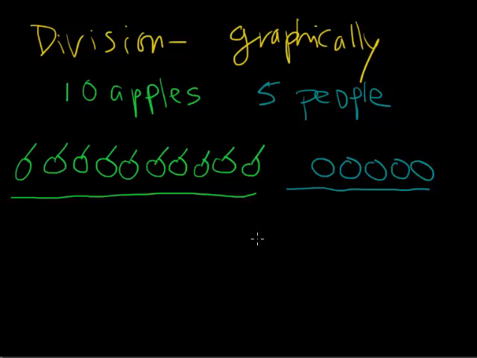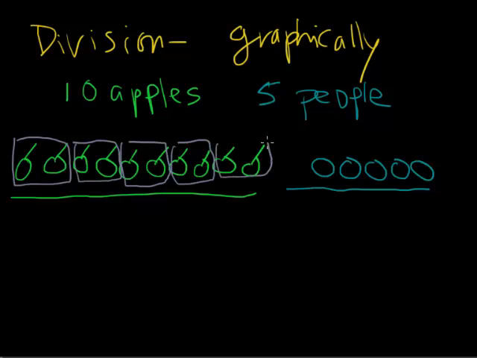Hopefully, assuming that this all works out. So let's just try it. 2 apples to one person, 2 apples to the next, to the next, to the next, to the next. Oh, this actually might work out.